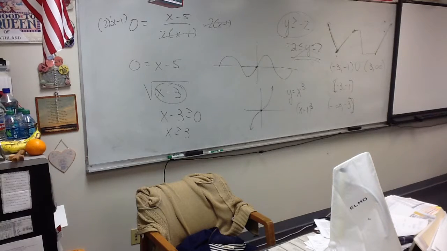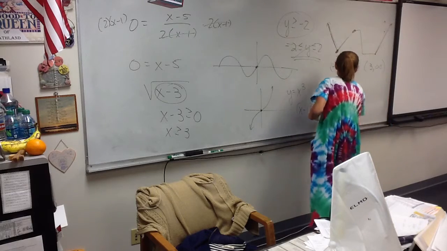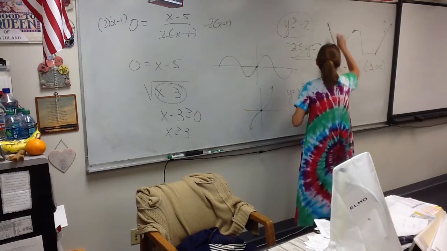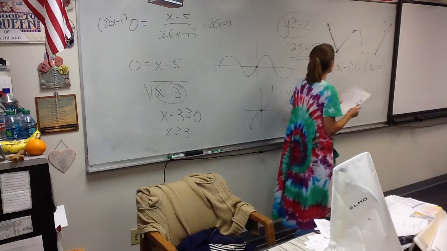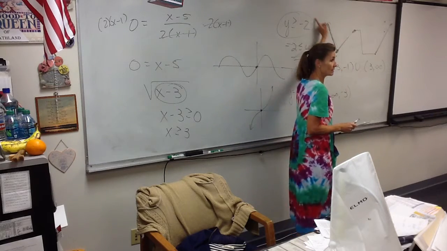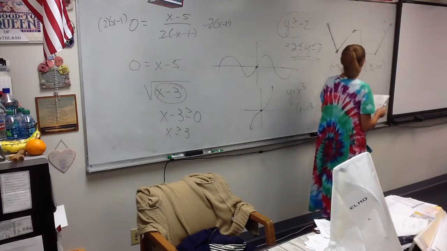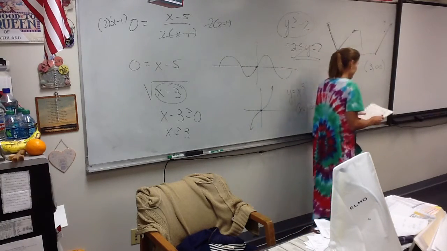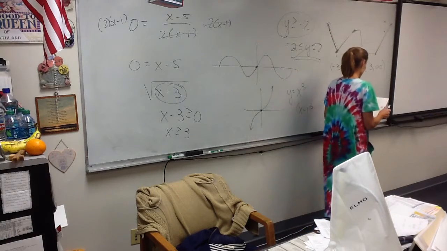All right, so let's go ahead and finish. Let's do the rest of the decreasing. One of the decreasing intervals would be -infinity to -3. Does everybody understand that? Now where else am I decreasing? Look at x values. Where else is your pencil going down? 0 to 1.